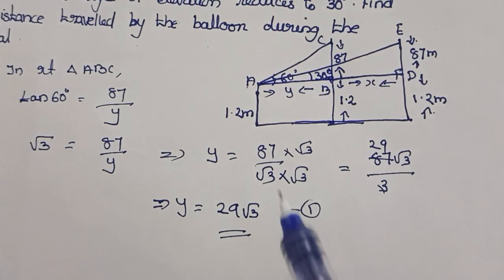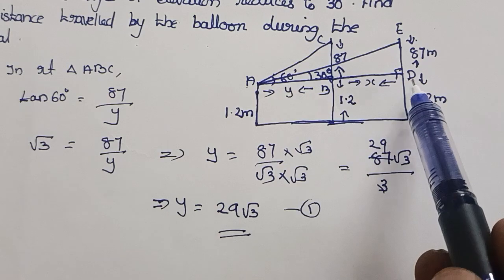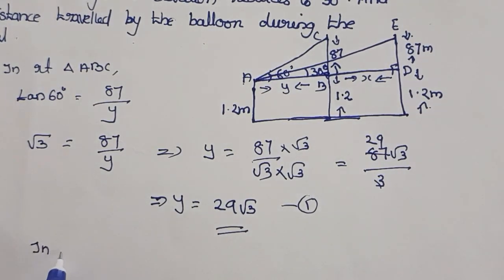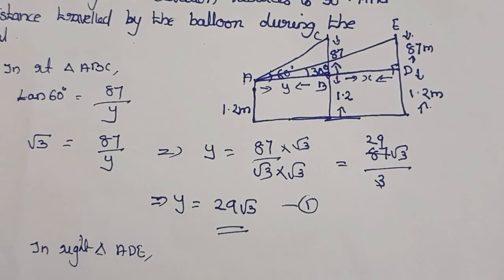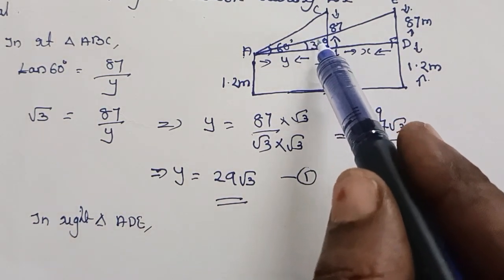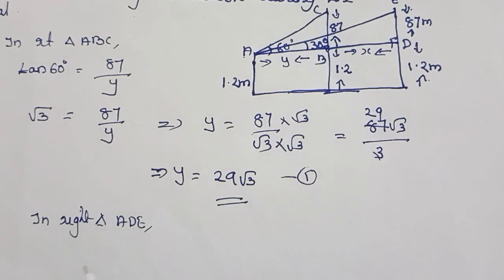Now take the second right triangle, that is, in right triangle ADE, take tan 30 degrees. Here the angle is 30 degrees.